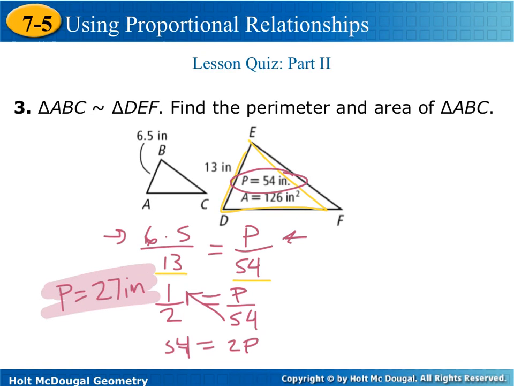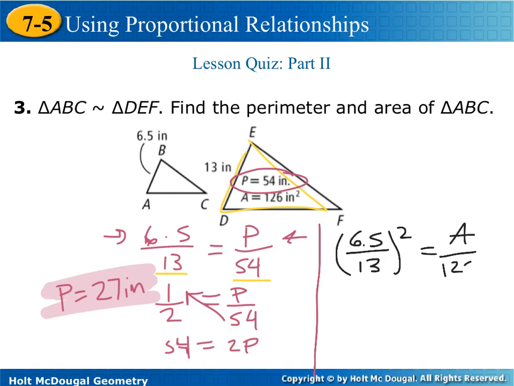Are we done? No, what do we need to find next? The area. So what do we need to do to find the area? Same ratio, but we square it. So we have 6.5 over 13 squared is equal to A over 126. Perfect.